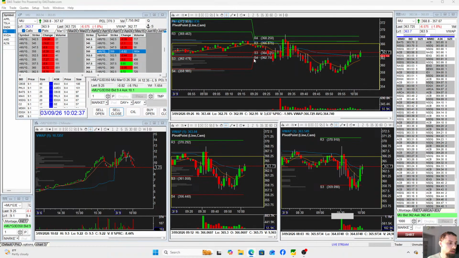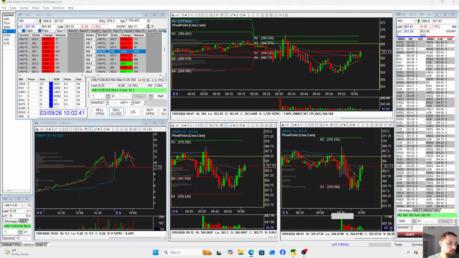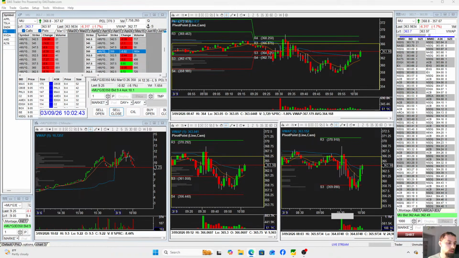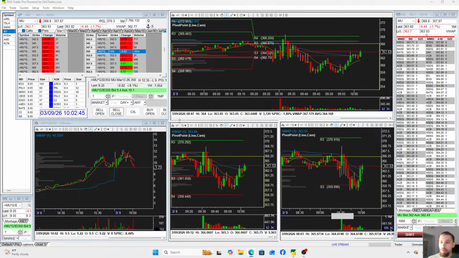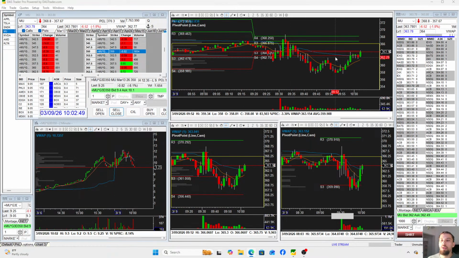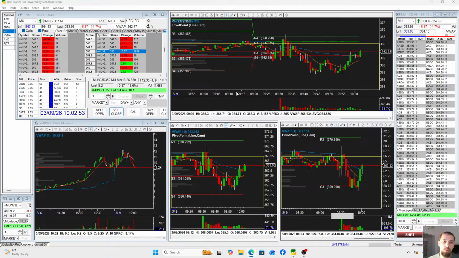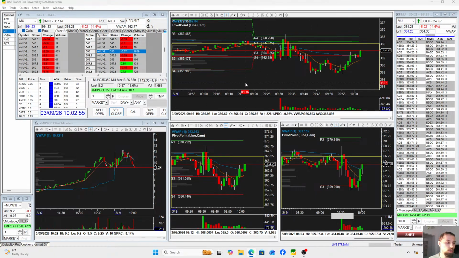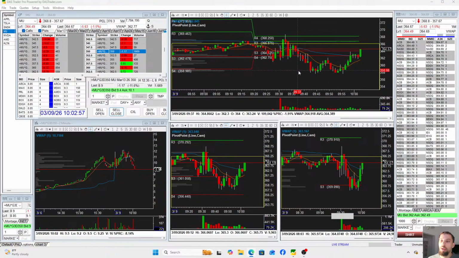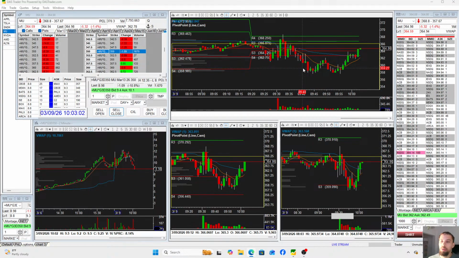About right in there. 366, 369, 370. So the ladder is definitely more bullish. A lot more limit orders to the upside. Prices tend to gravitate toward where more liquidity can happen. And looking at my level 2, it's definitely more bullish.